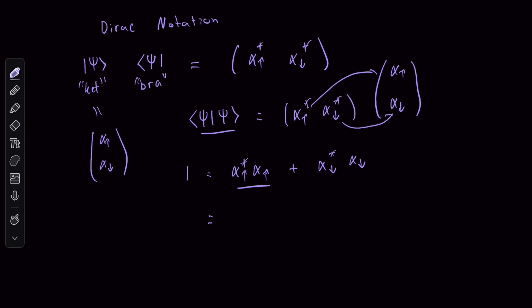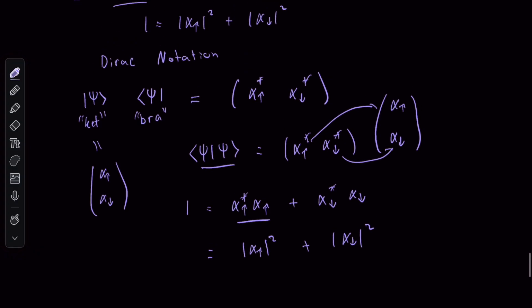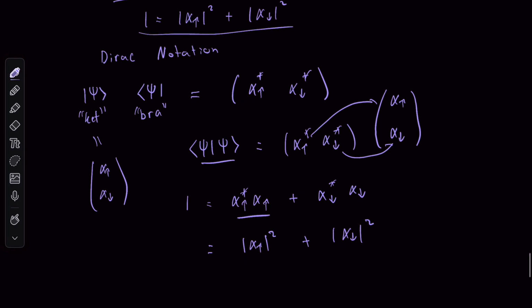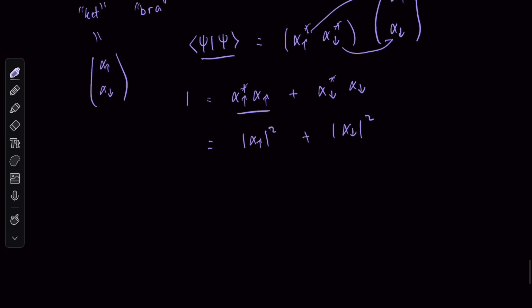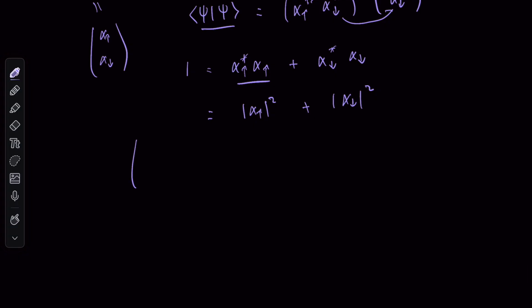This is literally just the magnitude squared of this probability amplitude plus the magnitude squared of this other one. So already we have some connection with this kind of notation and our probability interpretation of quantum mechanics. And now we're going to start to shift over to the quantum computing formalism.